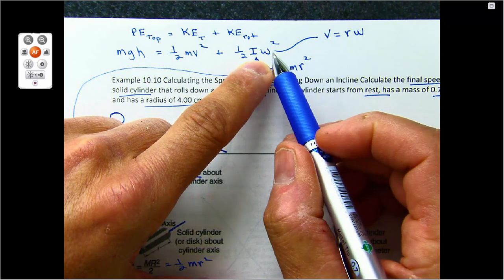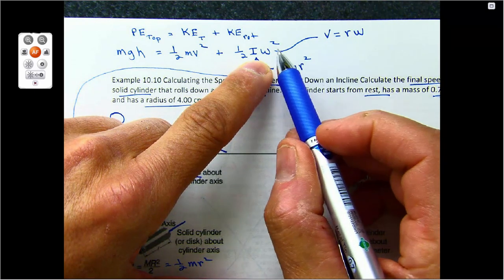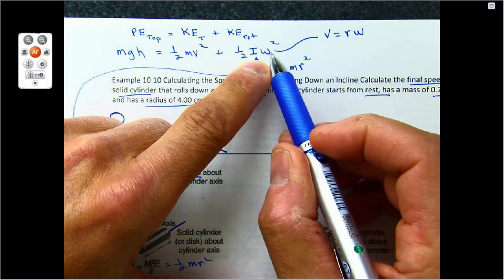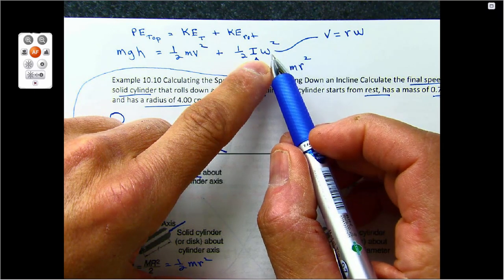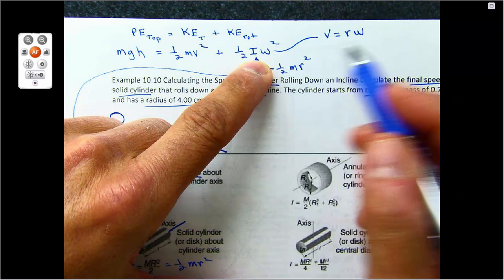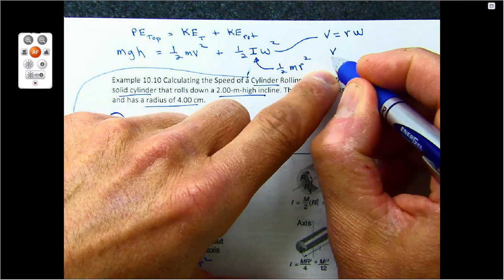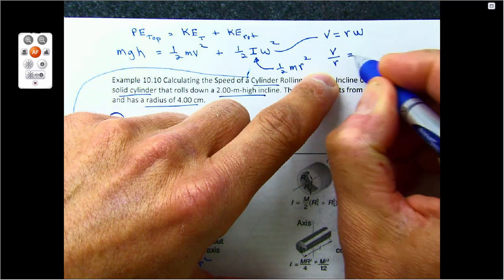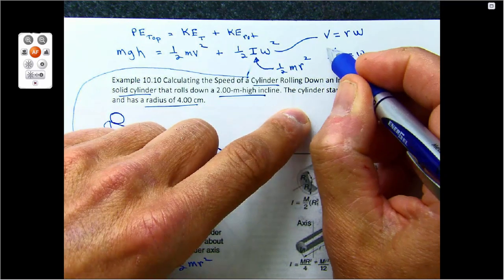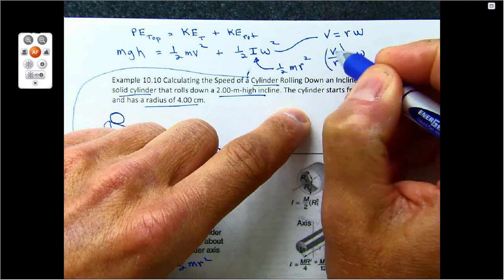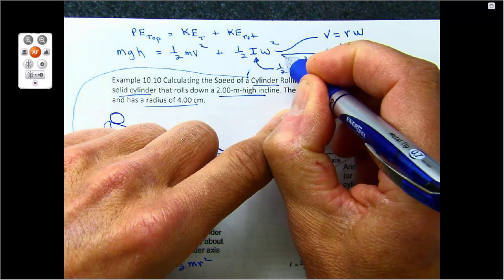So we're going to substitute that in there. What is omega? Omega is V over R, right? Omega is V over R. So we're going to substitute in V over R right there.